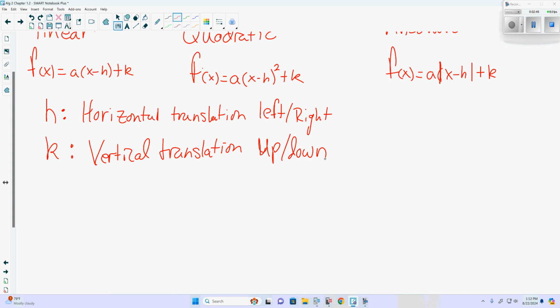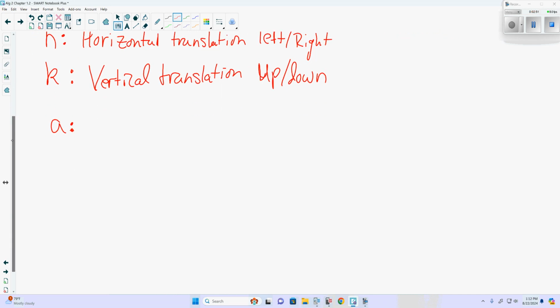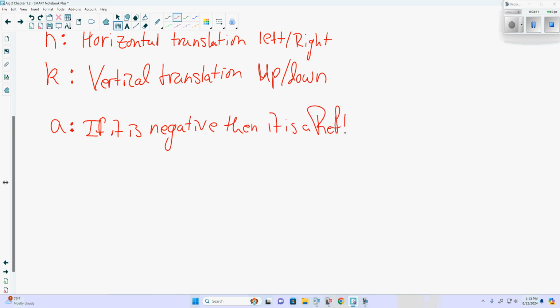And the last thing that we had was a. Now, the a that we looked at yesterday wasn't specifically about the value, the number, it was its sign. Because if it is negative, then it is a reflection across the x-axis.